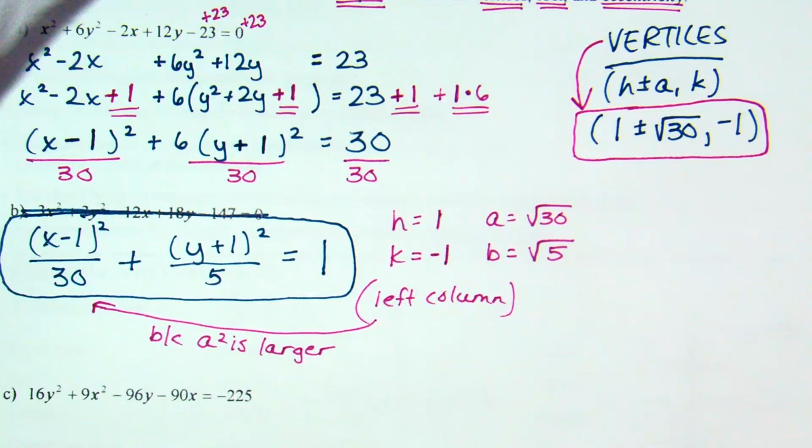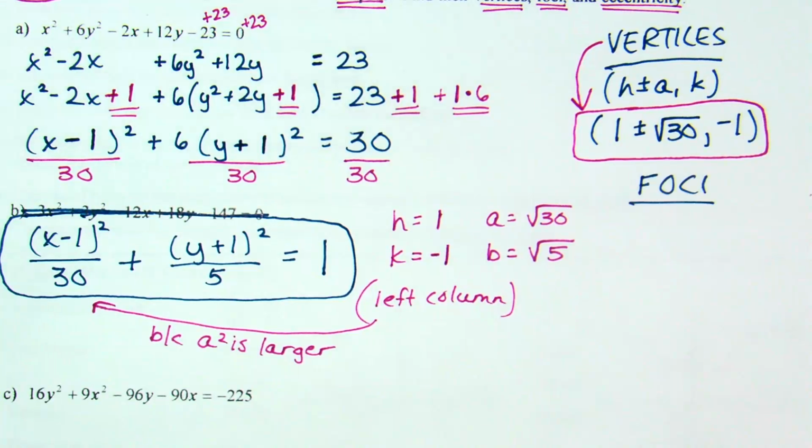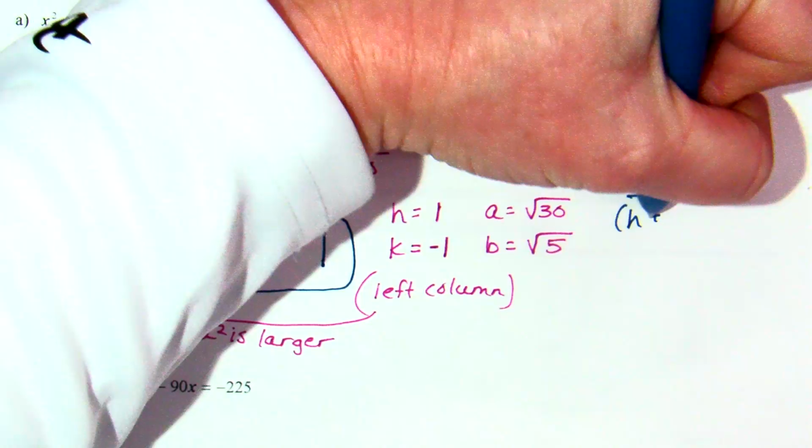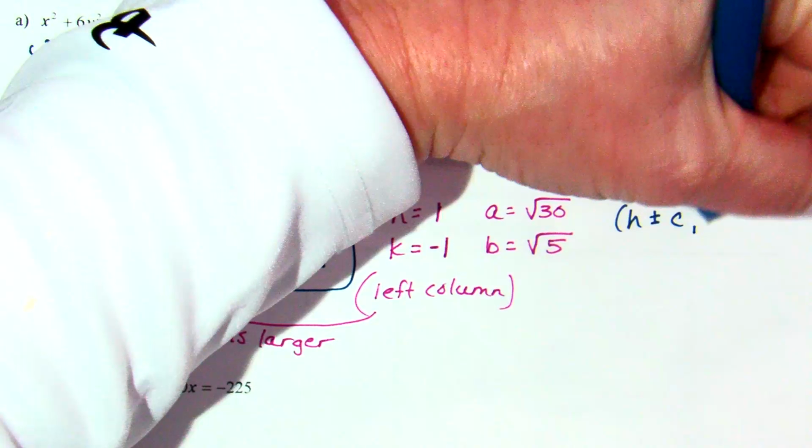Okay. Foci. What's my formula for foci? For foci, H plus or minus C, comma K.